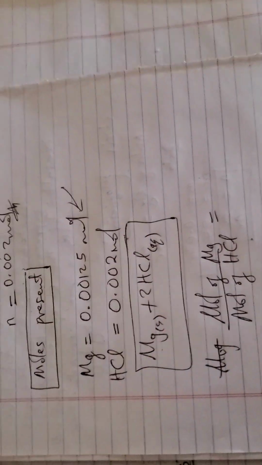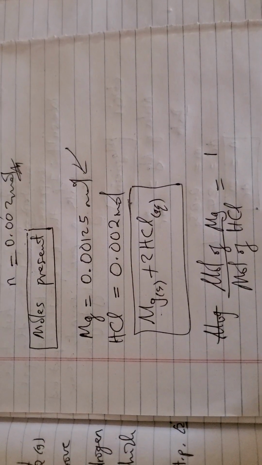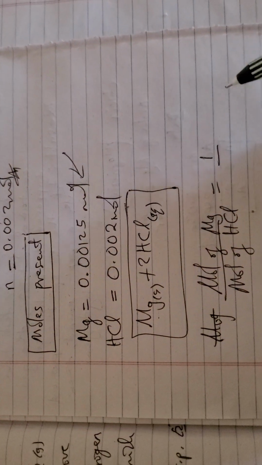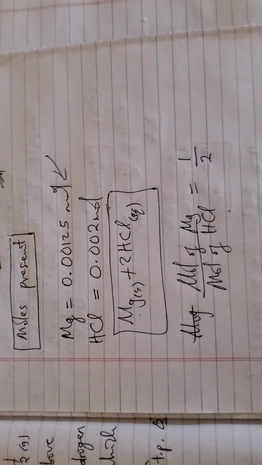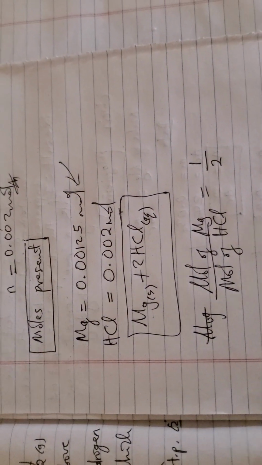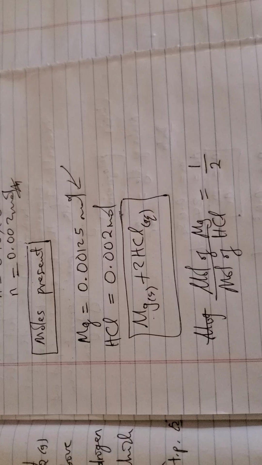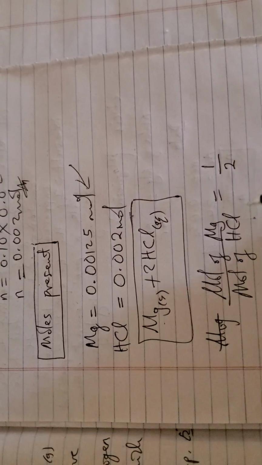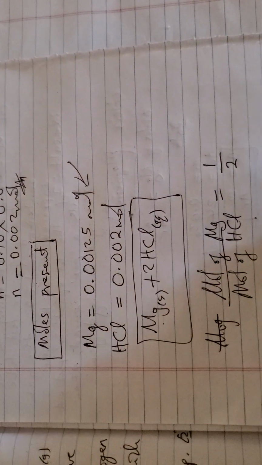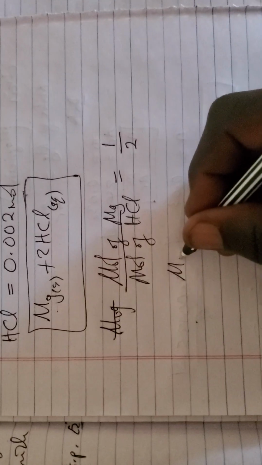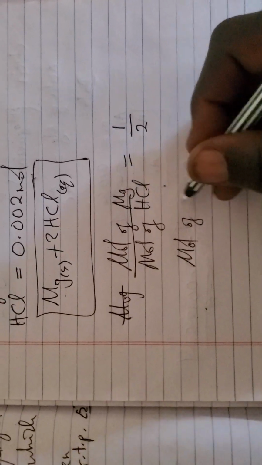How are they balancing in the equation? Magnesium was 1, then hydrochloric acid has 2 in the equation. So now, how many moles does hydrochloric acid need for magnesium? So we are calculating moles for magnesium. So moles of magnesium required.